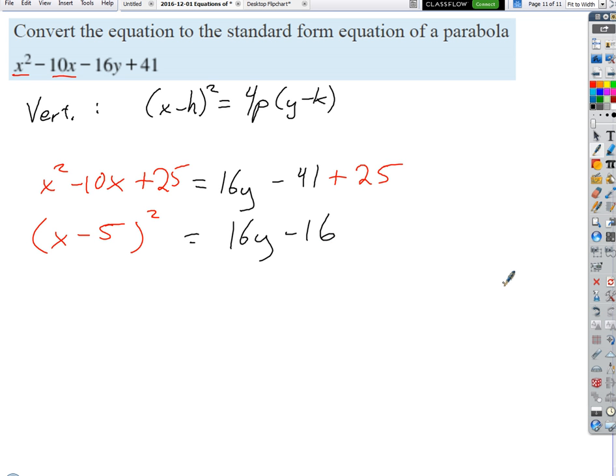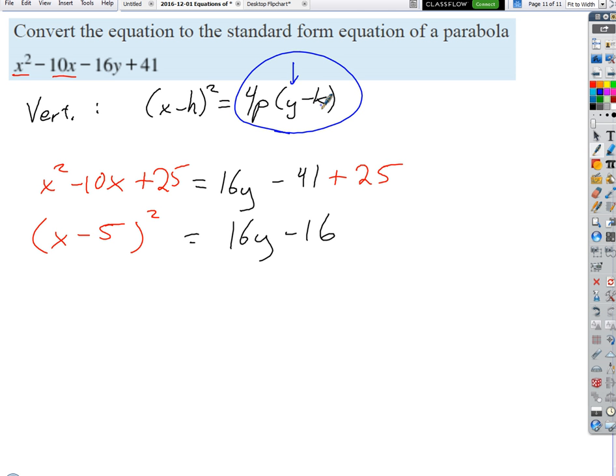So what can I do to the right side then to get it to look like this? What do you think? I could factor out a 4. And I can see that inside the parentheses, I need to have y minus something.